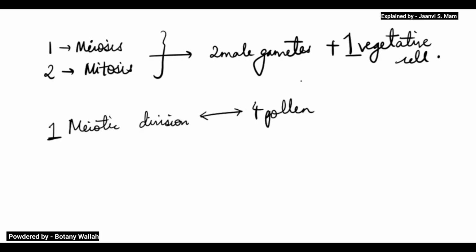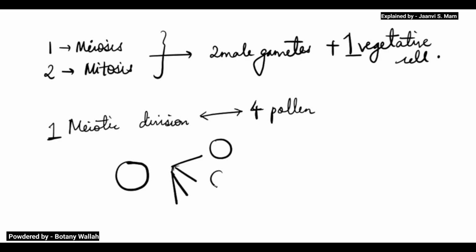I have already taught the lecture on this cell division, the first basic lecture, so go and check that. Whenever one diploid cell divides meiotically, we get four haploid cells. So we will get four pollen grains.